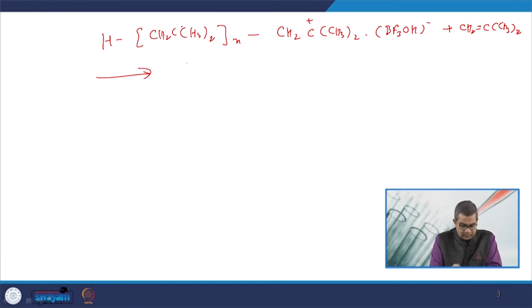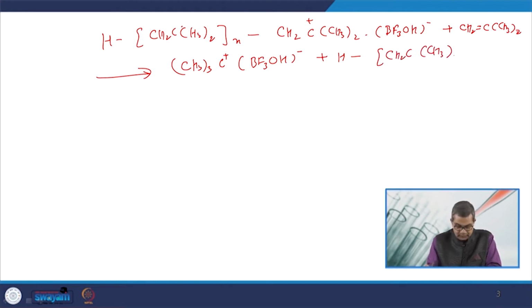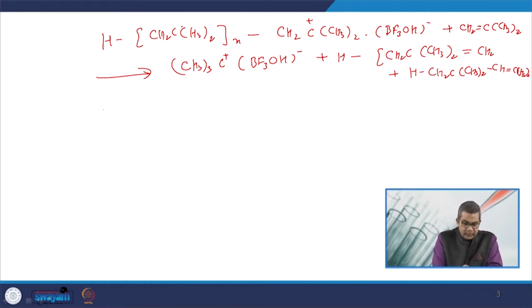This may give CH3 C plus, BF3OH negatively charged, plus H, which is bonded with the CH2C CH3 whole twice.